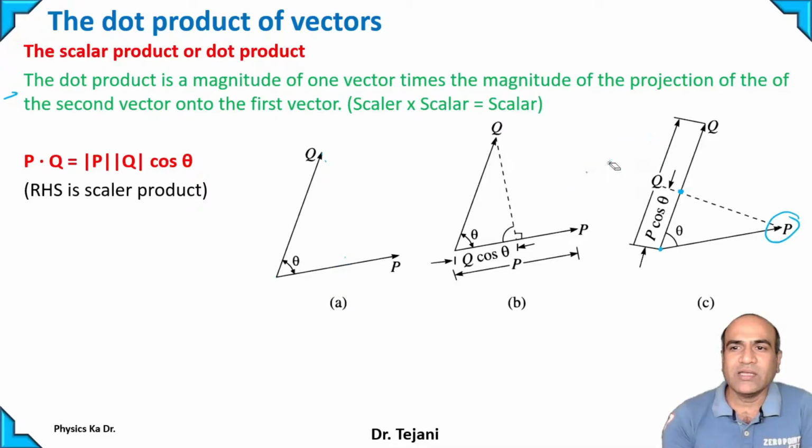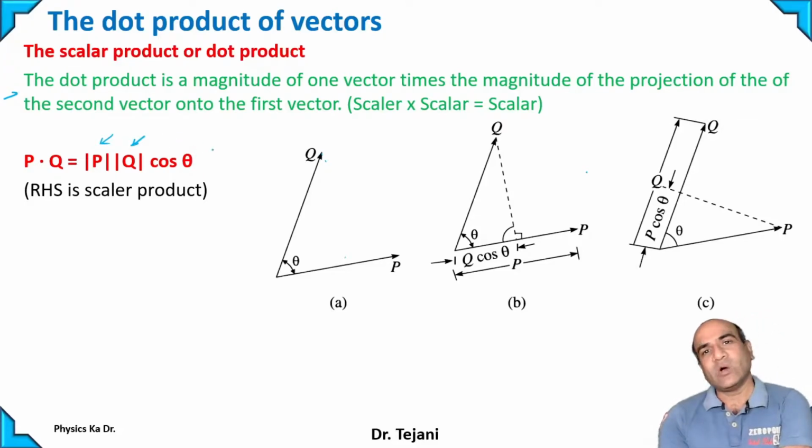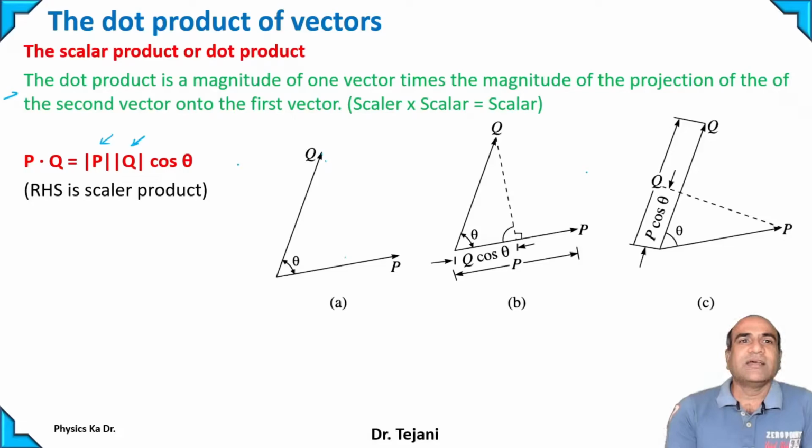Here only magnitudes are taken. Therefore, the final result becomes mod of P, mod of Q multiplied by cos theta, and therefore the result of the dot product is always a scalar product, and it is not having any direction.